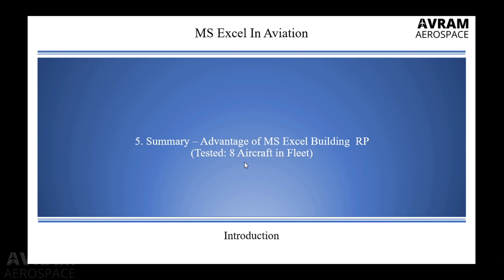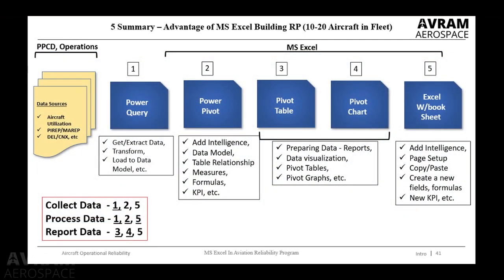Next, summary. Advantage of Excel building a reliability program. Tested on 8 aircraft in the fleet. Let's put a quick summary for each block. We have 5 blocks, 5 parts. Power Query helps us get, extract data, transform data, load to the data model.